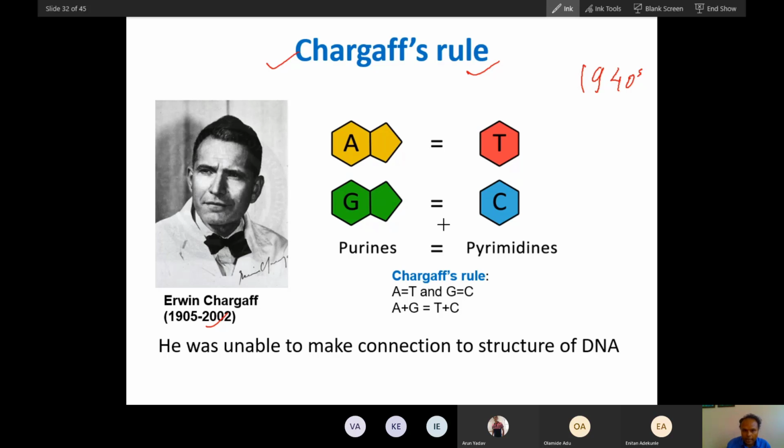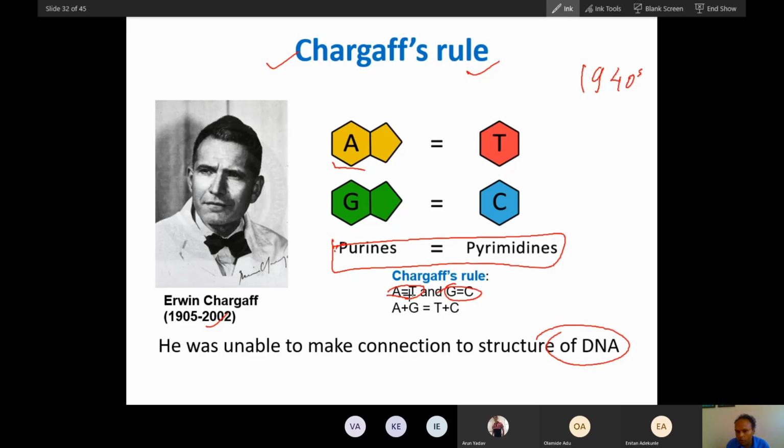In all DNA, purine is equal to pyrimidine. And within that, thymine is equal to adenine, and guanine is equal to cytosine.